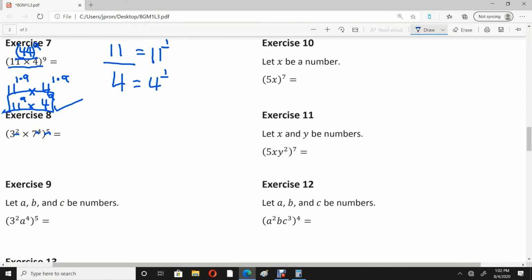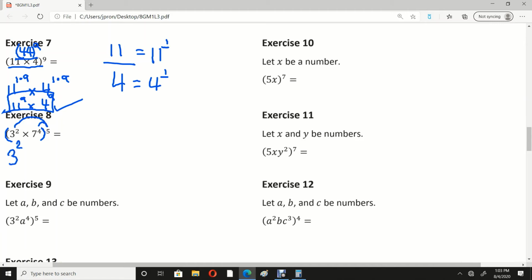So let's just take 8 as an example. We'll take 8 and we will distribute the exponent on the outside of these parentheses into the exponents on the inside of the parentheses. And what do we do with the exponents on the outside and inside? What do we do with them? We are going to multiply. So in this case, 3 squared will multiply to 2 times 5.